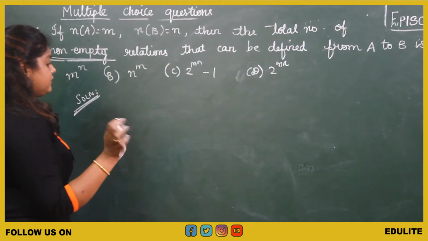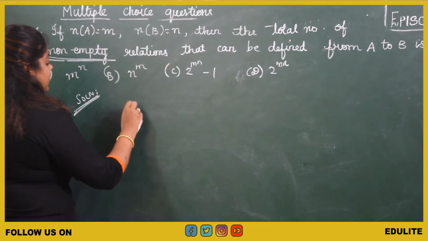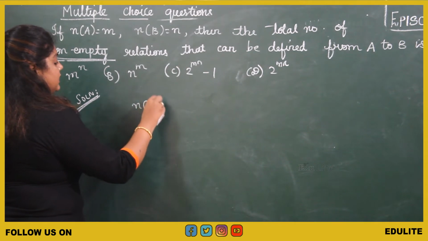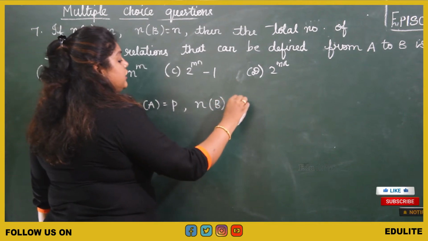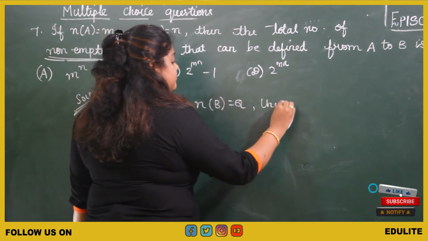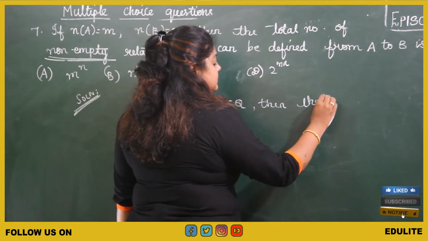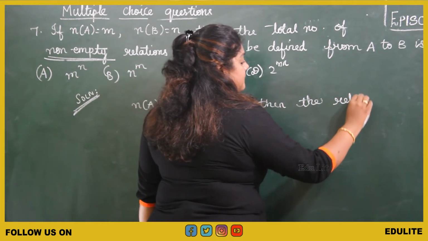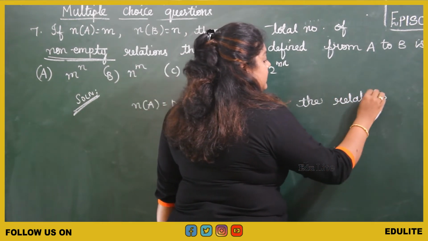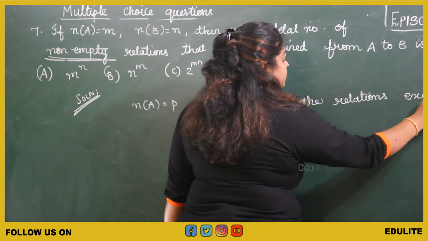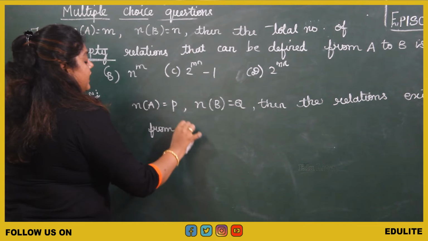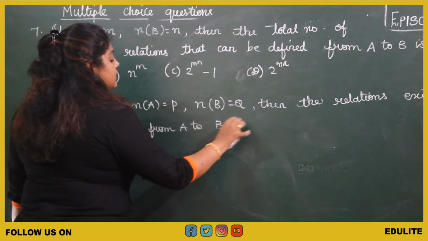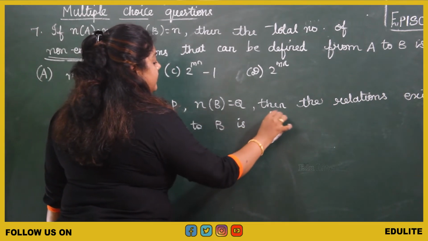We already saw in the fourth problem itself that if n of a equals p, n of b equals q, then the relations that exist from a to b is 2 power pq.